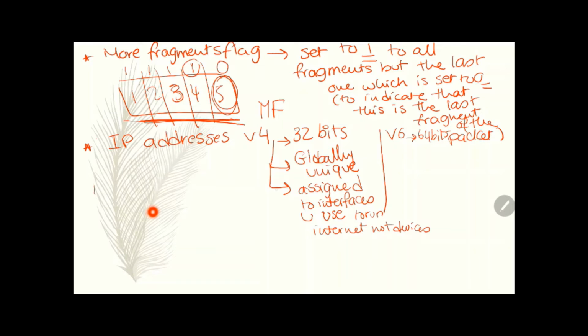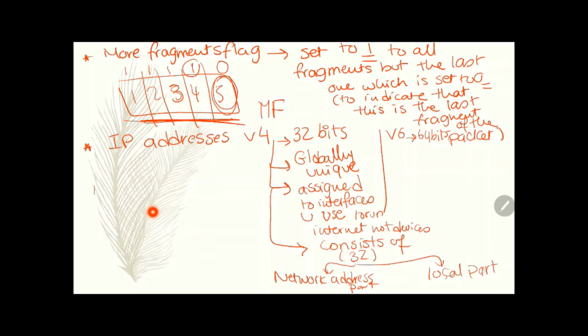Also, you need to know that the IP address consists of 2 parts, or the 32 bits are divided into 2 parts: the network address part, and the local part, where the local part includes the subnet part as well as the host part.